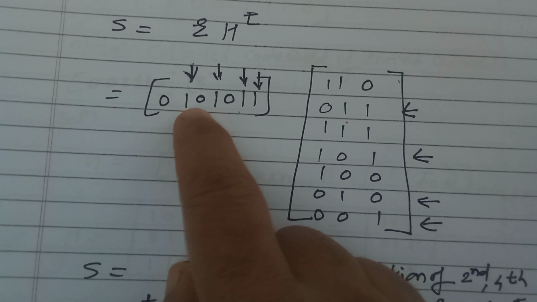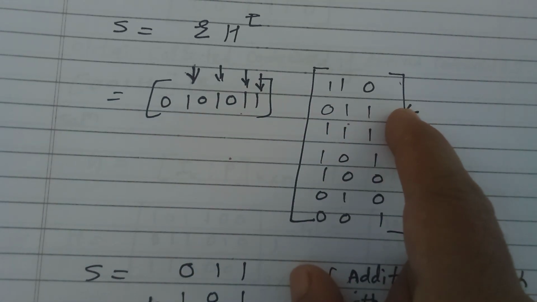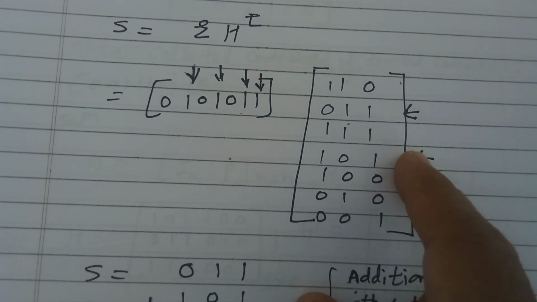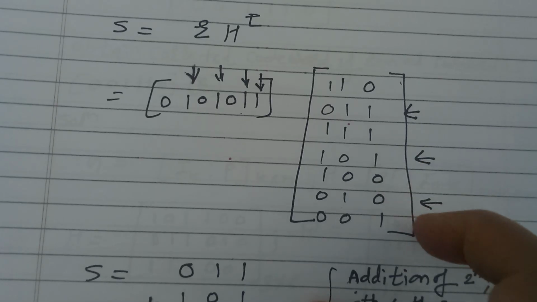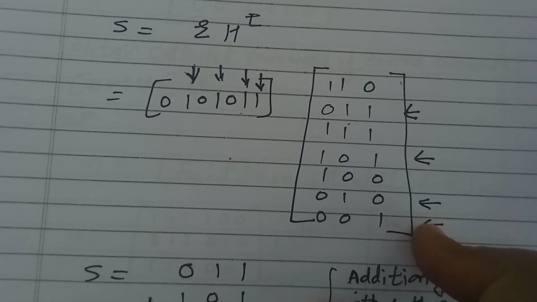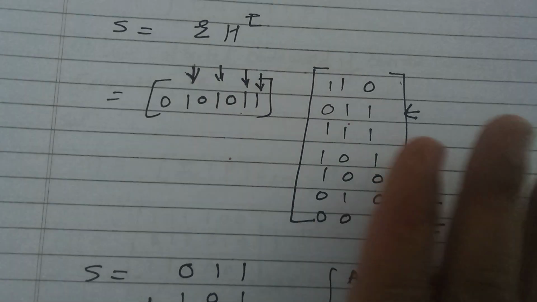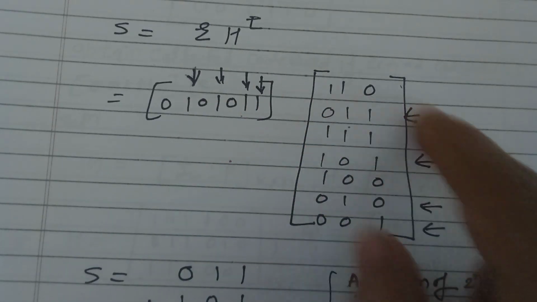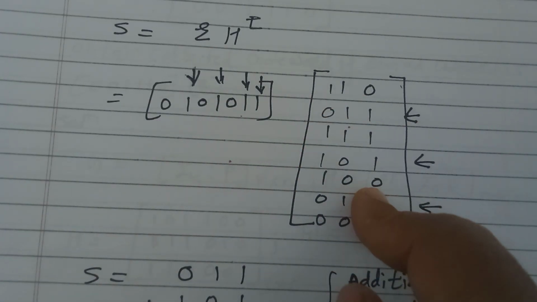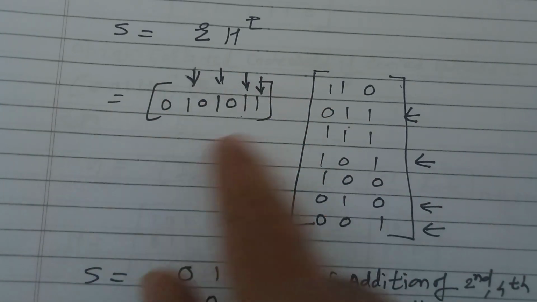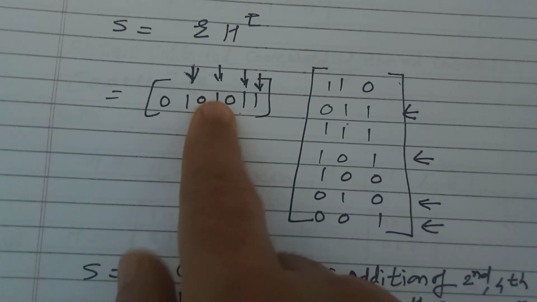So this is second, so second row. Then you have to consider the fourth row, then fifth is not there, sixth row and seventh row of H^T. So these ones are used to label the rows of H^T. After that there is no role of this R.